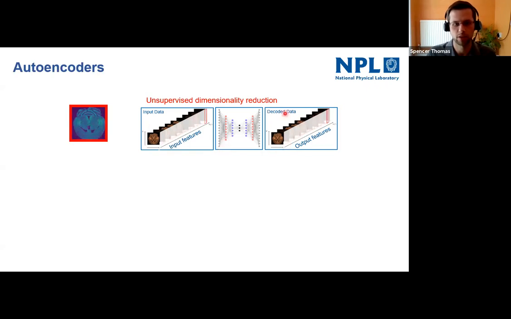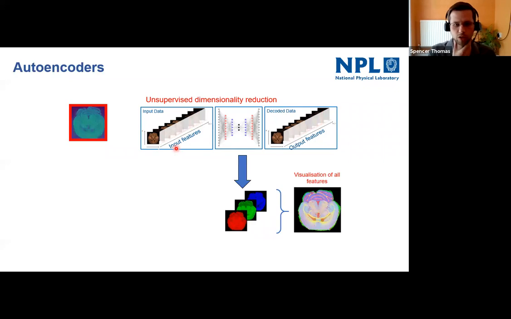Again, decoding to your original data. So typically what I would use this for initially is a visualization task, reducing down to 3 dimensions, and then having one of my dimensions as a red channel, another one as a green, another one as a blue, and this way you can visualize this image.